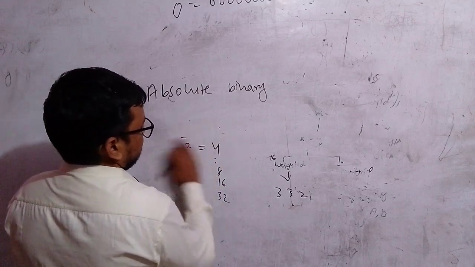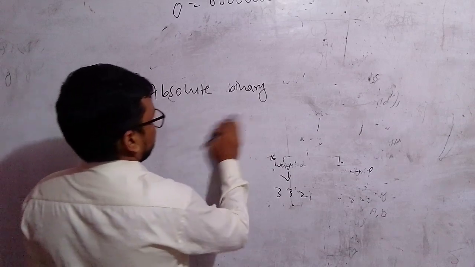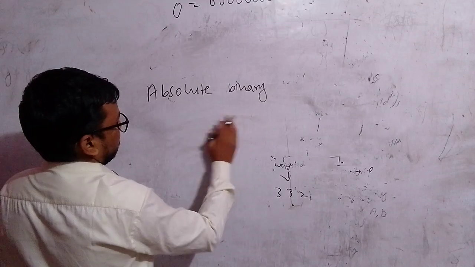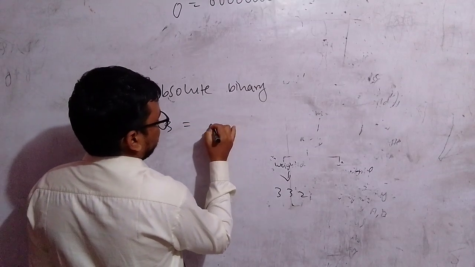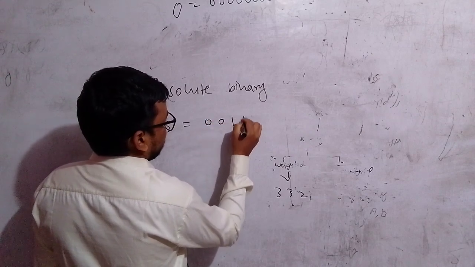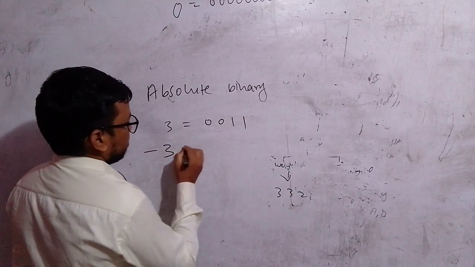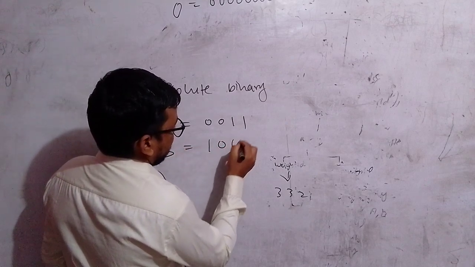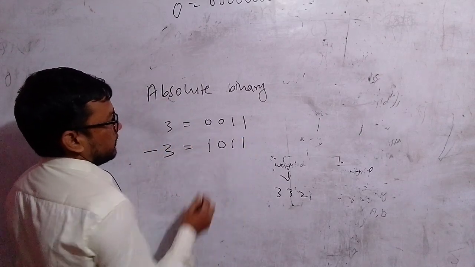Now, suppose let's take a 4-digit format. How to represent 3? 0011. In this way we represent 3. But how to represent minus 3? 1011. This is the most significant bit.